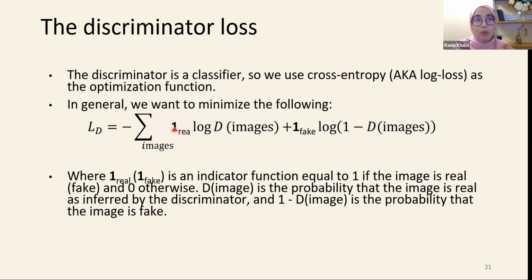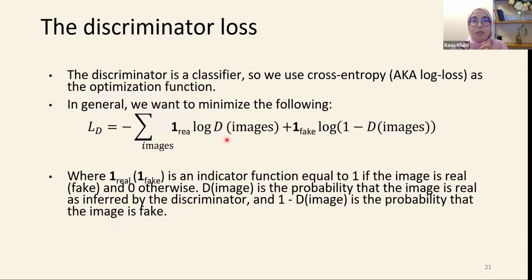So we only consider the log of D of images. Take it easy, I'm making this as simple as possible. This term is ignored if the image is fake, otherwise it's equal to 0.